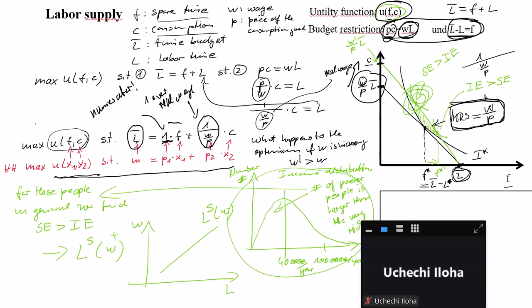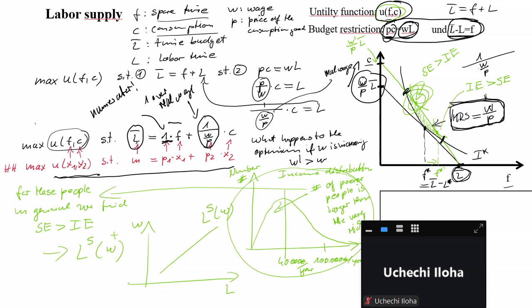And then we know that within this region, in the so-called better set, somewhere there has to be the new optimum. And then we argued, well, it could be rationally the case that although the wage is increased, I decrease my working time. Because maybe I'm already satisfied with my former consumption level.